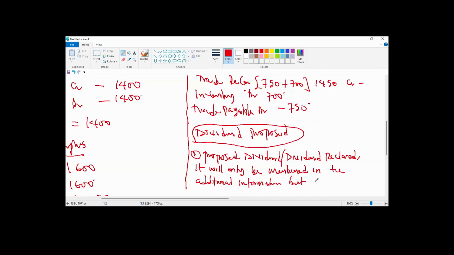There's no provision that will be made in the financial statements. What do I do in this one? Ignore.